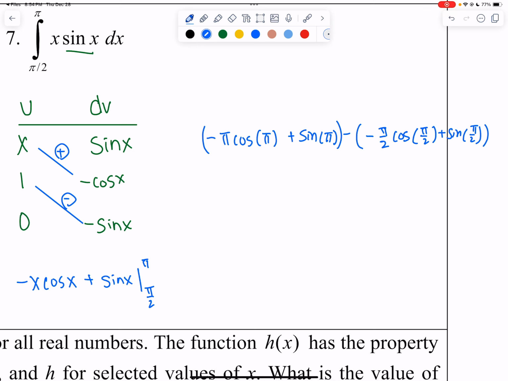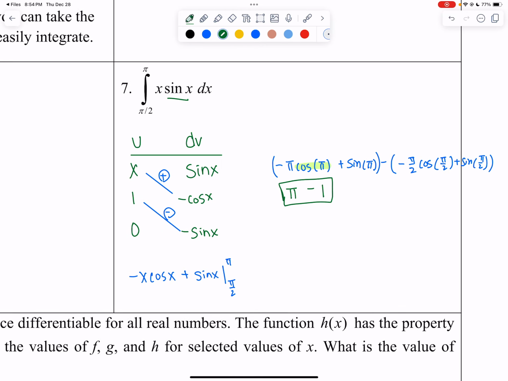However, it's pi and pi over 2. It's easy because it's on the unit circle, okay? So we know that cosine of pi is negative 1. Sine of pi is 0. We have cosine of pi over 2, which is 0. And then sine pi over 2 is 1. So your final answer is just pi minus 1. Crazy.